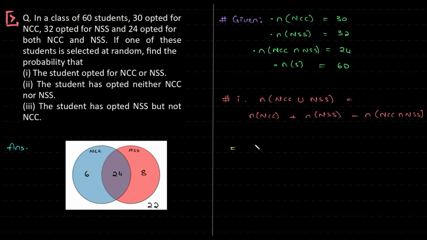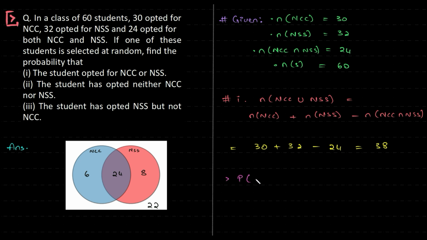So this would be 30 plus 32 minus 24. And so this would be how much? So overall there are 30, okay, 6, 38. Oh yeah, we already did this. 28 people.